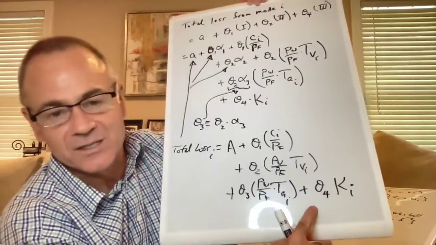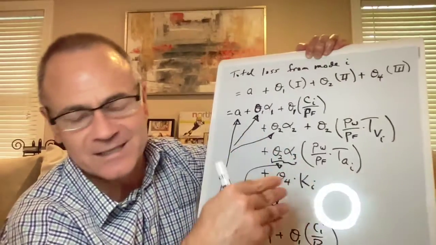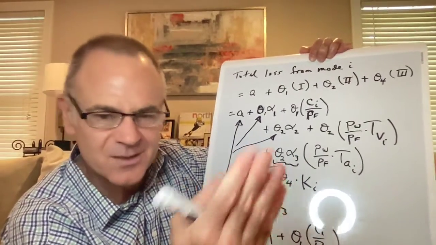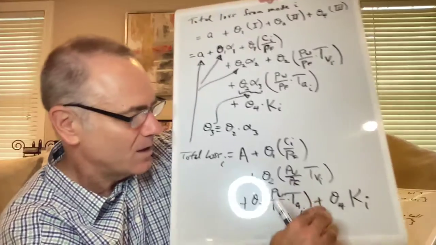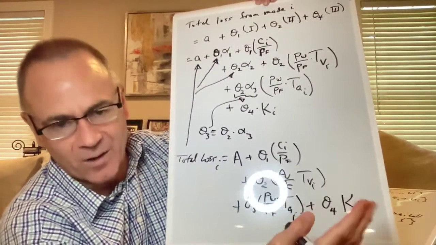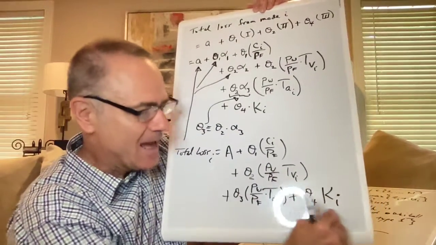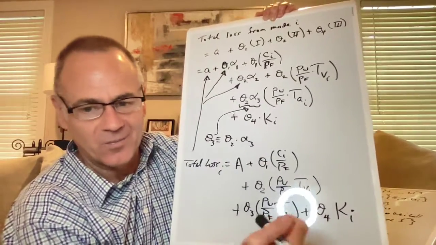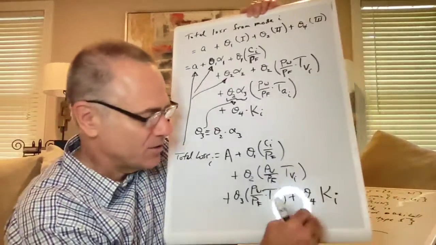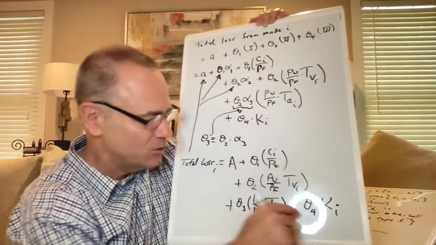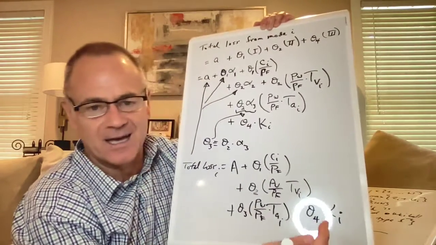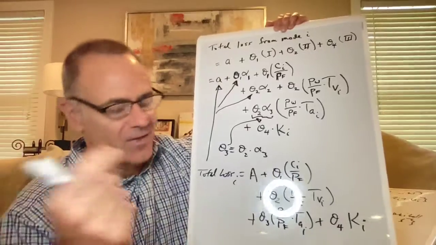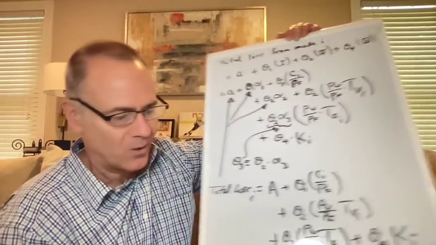The Weibull actually is not symmetric, though it's pretty close. So instead, what I'm going to assume is that the negative of that error term is distributed standard Weibull. We're going to wave our hand and say assume theta 4 times k_i, or the negative of that, is distributed standard Weibull.